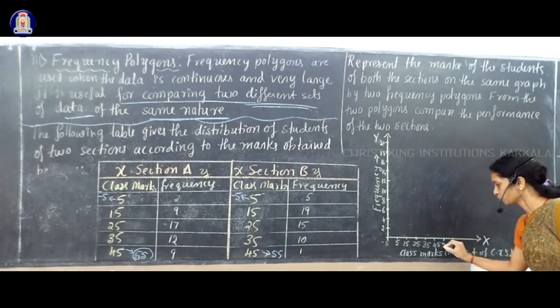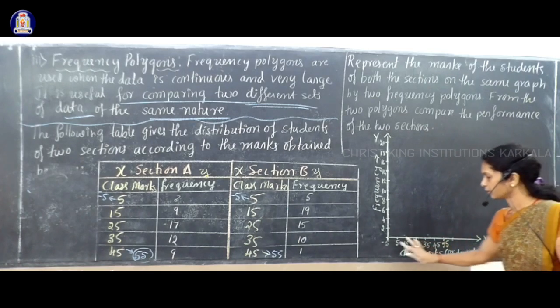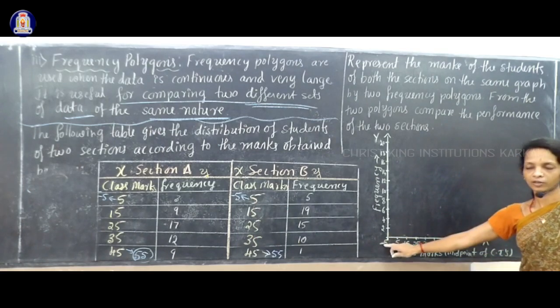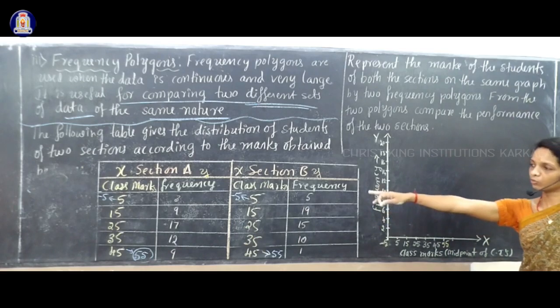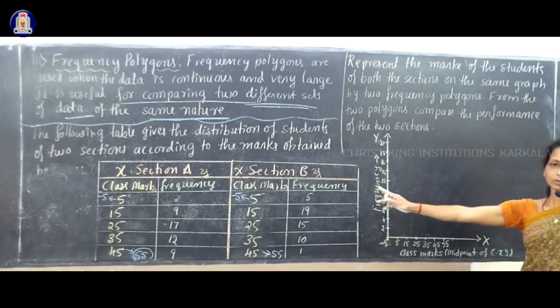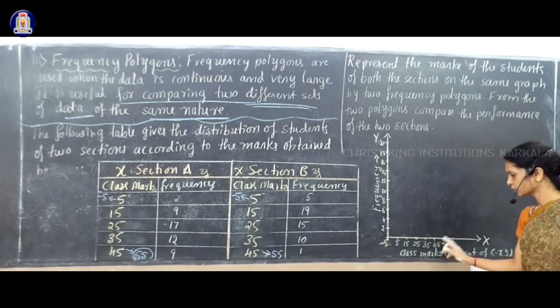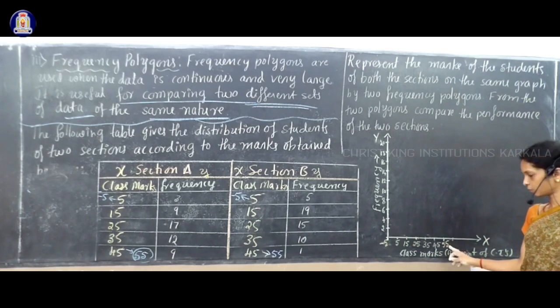That also you have to mark. These two, 55 and minus 5, you have to mark extra; they are not in the table but I wrote them there. Keep that in mind: the previous class mark of 5 is minus 5, and the next class mark of 45 is 55.